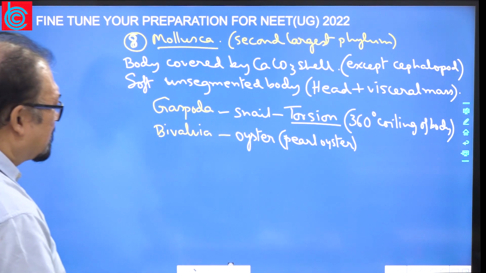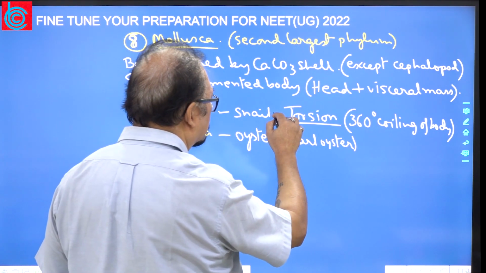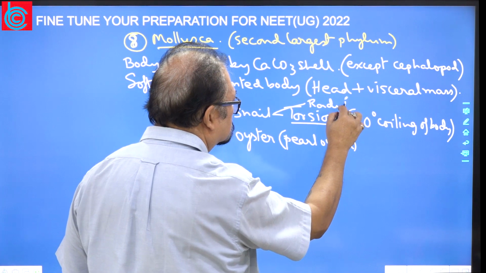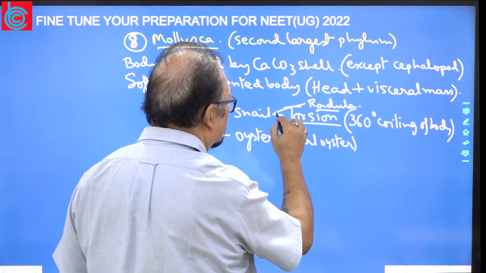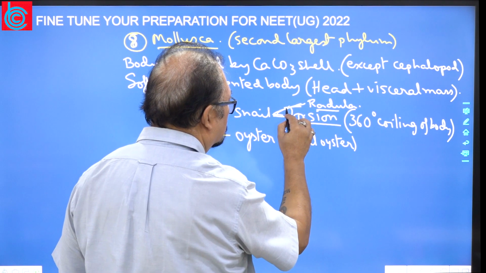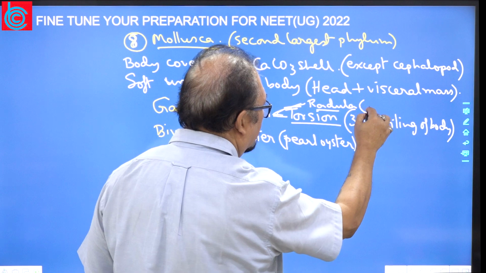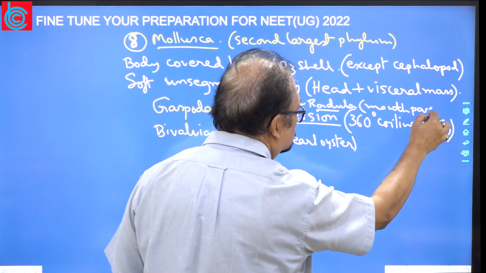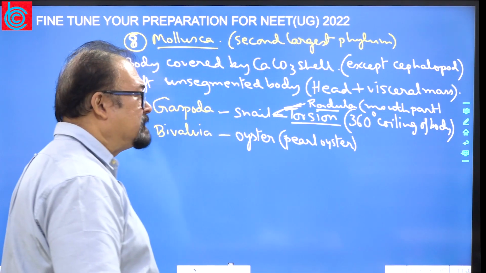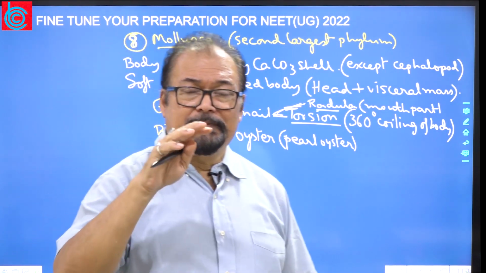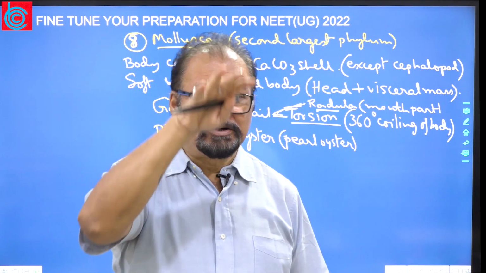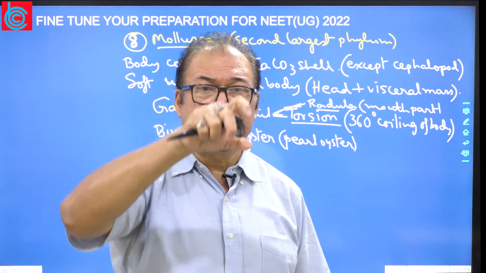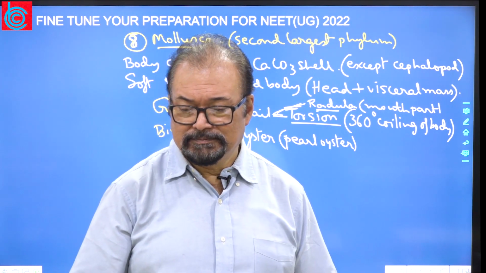Oh, in snail, one character is also there, radula. It is the mouth part. In the snail, you will find when the snail is moving on a tree trunk, a line is forming. They are actually rasping the alga from the tree trunk. They are eating it.